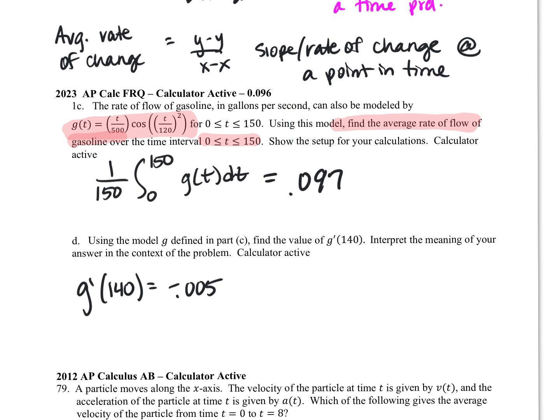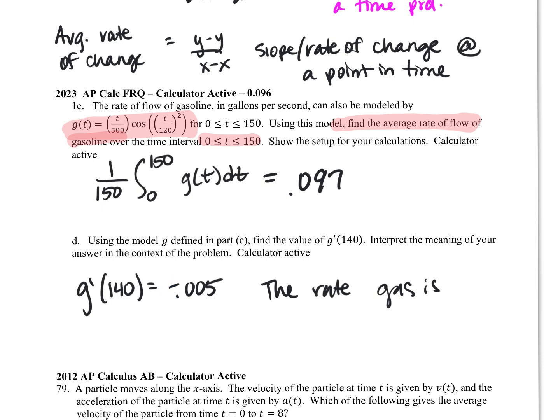Right, so don't forget, when we are already given a rate and we want its derivative, how many times do I have to say the word rate in my answer? Twice. So we're going to say, the rate of flow of gasoline in gallons per second can be modeled by G. That was part C. So what would I say? The rate of gasoline is doing what?